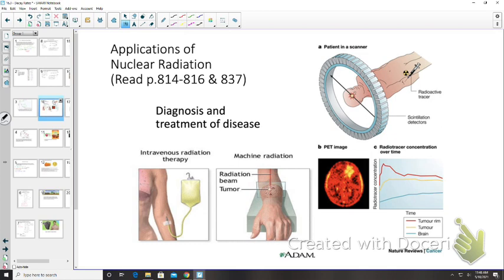Now, cancer cells will replicate at a faster rate than normal cells. Like if you have a tumor, that is because you have a collection of cells which are replicating faster than normal, right? So radiation attempts to kill cancer cells, and this is because radiation, beta or alpha or gamma radiation has energy, right?